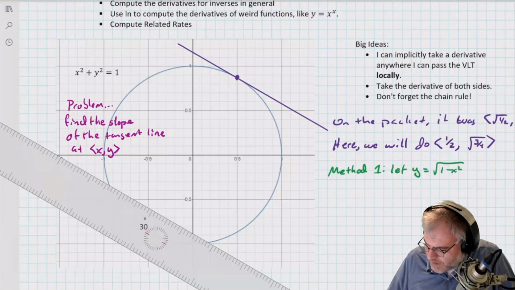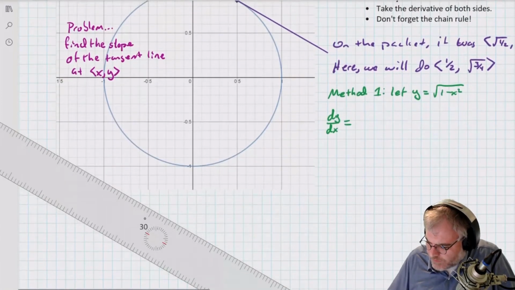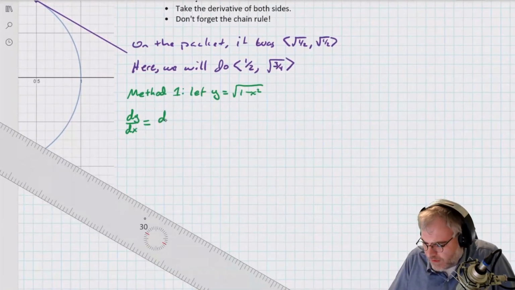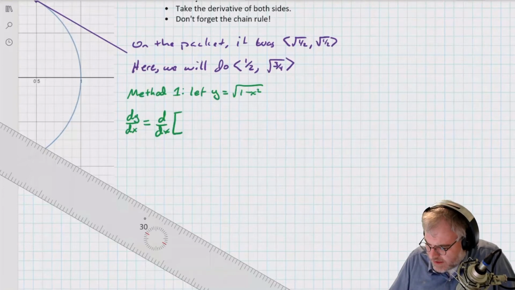And so what I'm going to do is dy over dx equals, and now I'm just going to do the algebra. I mean, I'm going to do the calculus, right? I'm going to do the derivative d over dx of y, which in this case is 1 minus x squared all to the 1/2.